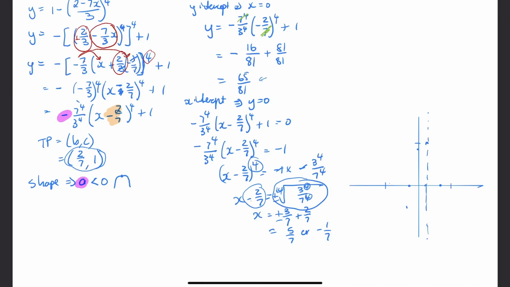Okay, so the graph is going to look like this. Where this is 5 over 7, this is negative 1 over 7, this is 65 over 81, and this point is 2 over 7 and 1.